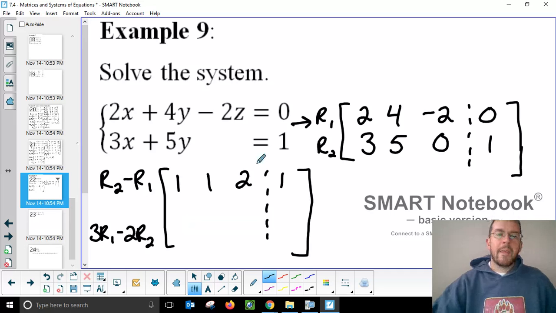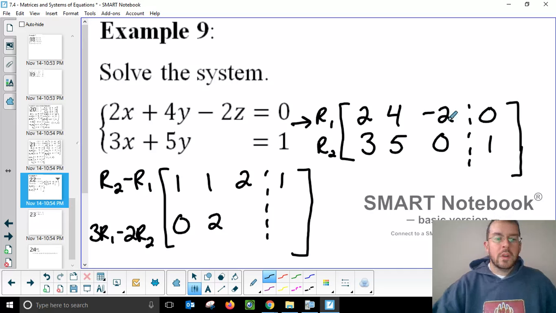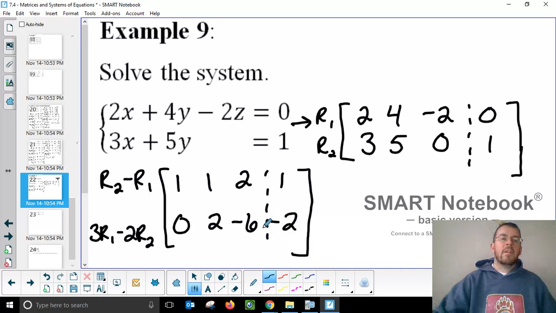So when I do that, I'm going to get 6 minus 6 is 0, 12 minus 10 is 2, negative 6 minus 0 is negative 6, and 0 minus 2 is negative 2. Now also we can note that all of these are multiples of 2.